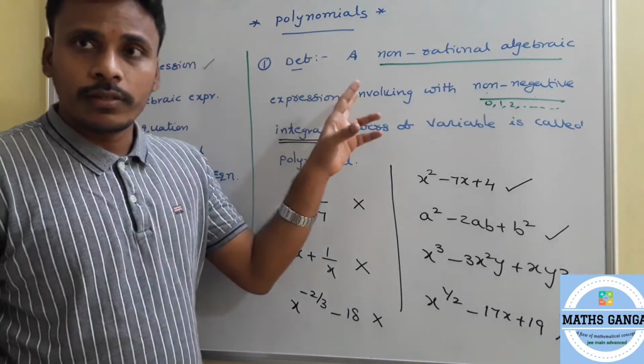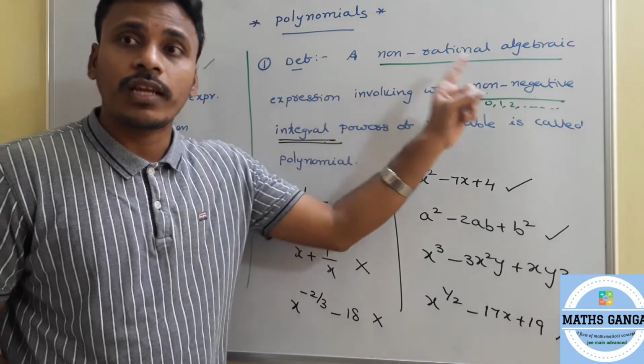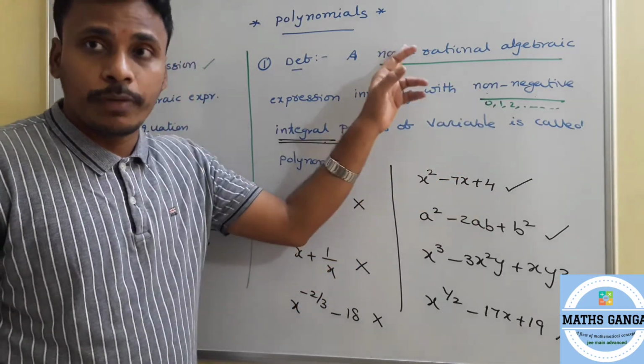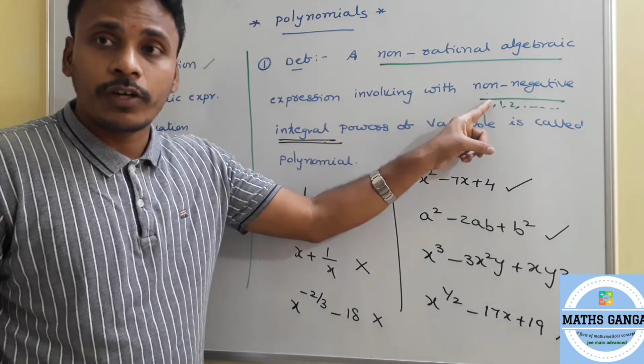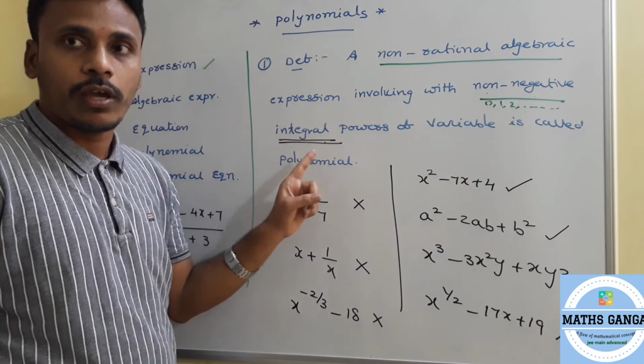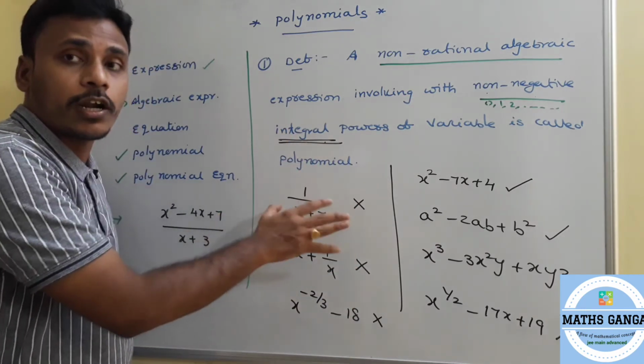So, polynomials. A non-rational algebraic expression involving non-negative integral powers of a variable is called a polynomial. It should be non-rational, the power should be non-negative, and it must be an integer. These are certain examples. Here, since it is non-rational, it is not a polynomial.